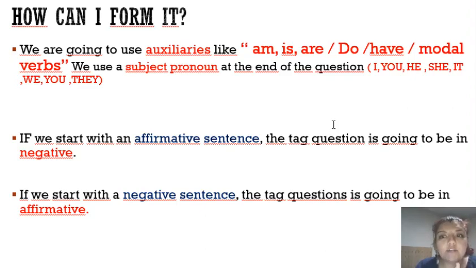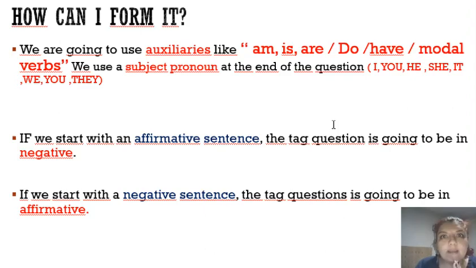We are going to use auxiliaries like am, is, are, or verb to be, the verb or the auxiliary do or does, have or has, or modal verbs can, could, must, should, and so on.